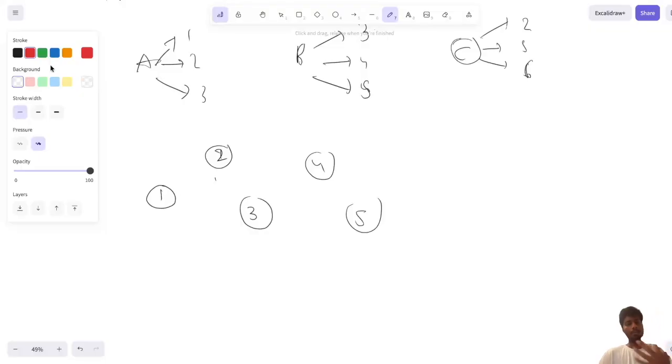So how are we going to connect these nodes now? We can't just draw edges, because A does not belong to 1 and 2 only, right? So what we create is a kind of hyperedge.